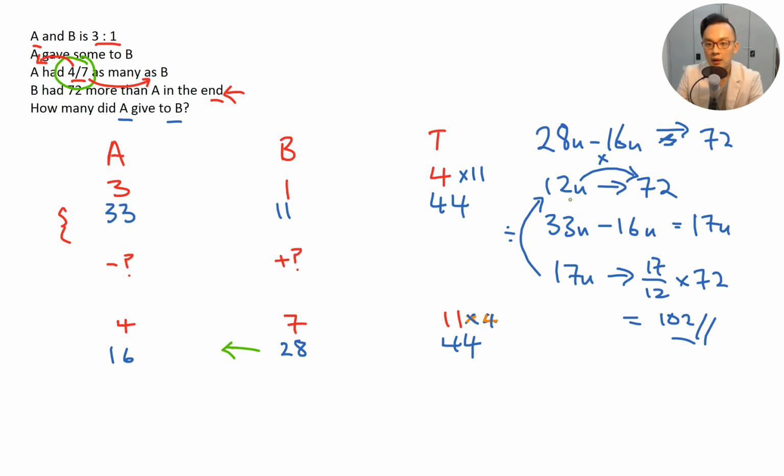You get 12 units is actually 72, which is given here. And then how many did A give to B? So you need to take this 33 minus away this 16. So 33 minus 16 is 17U. So 12U is 72, 17U, you just do the math, divide it, times it, then you get 102. So that's how you get this answer.